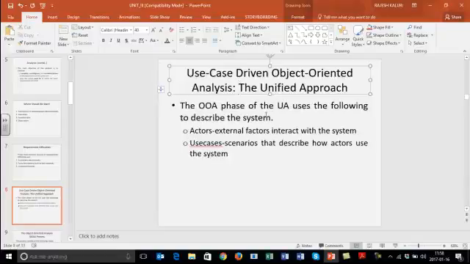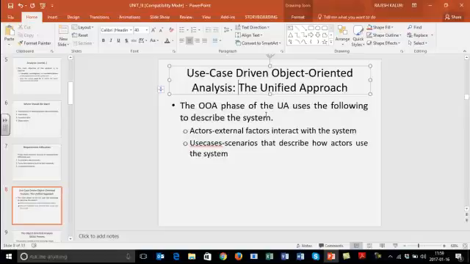Without actors and use cases, it is very hard to represent the system. Different kinds of actors will be there. If you take a banking system or an e-commerce system, there will be an end user, a business analyst, a programmer, a distributor, an analyst, and then a tester.